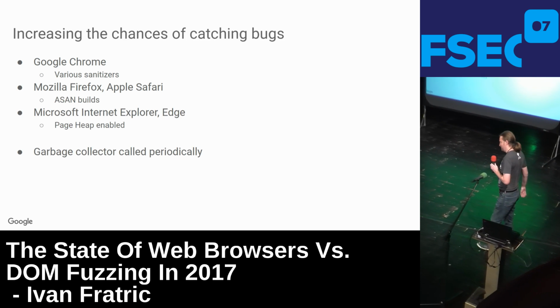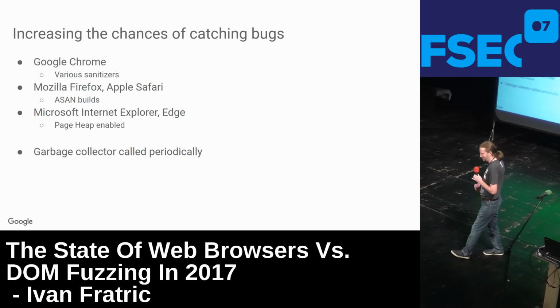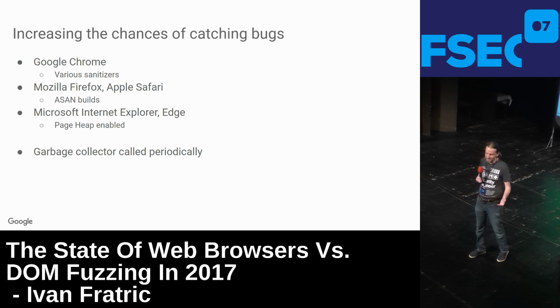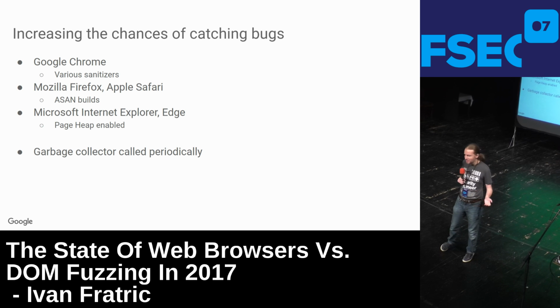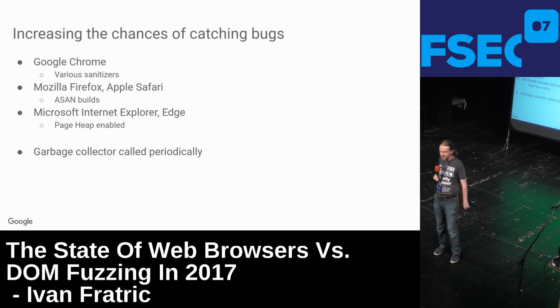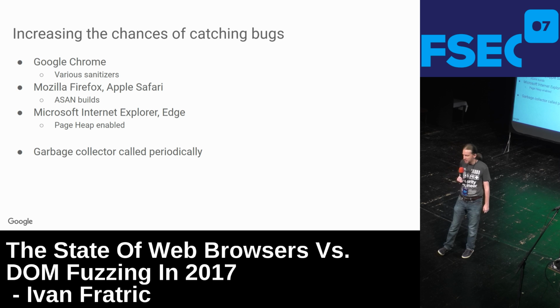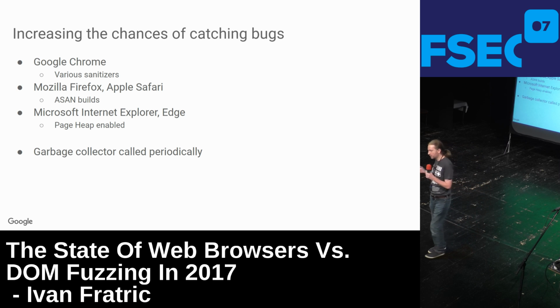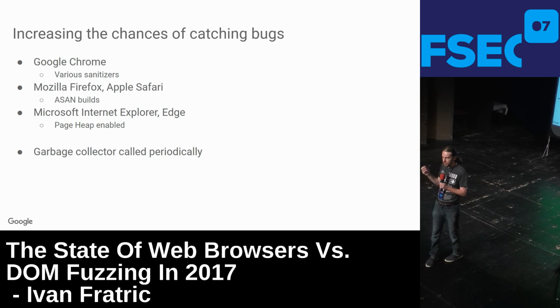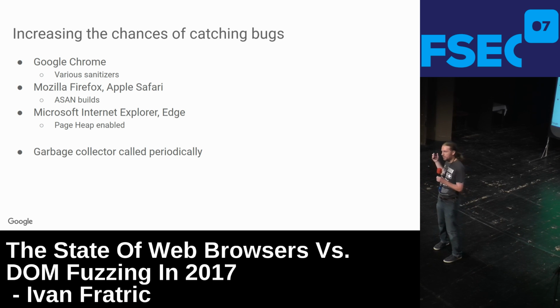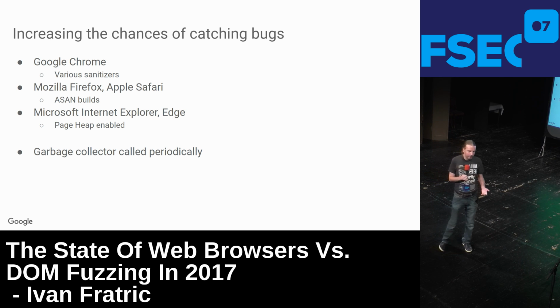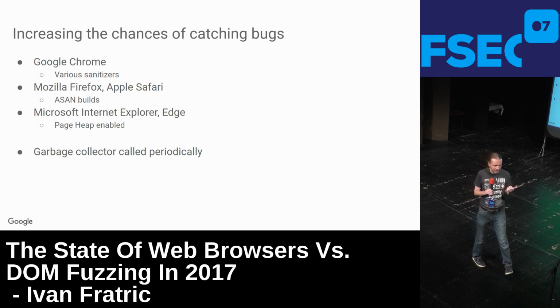Right. So in addition to that, we made some build or configuration changes to those fuzzers to be able to catch bugs more easily. And in the case of browsers where we could make our own builds, that basically meant building with sanitizer. So Firefox and WebKit were built using ASan and sanitizer, and Chrome on Cluster Fuzz already runs built with various sanitizers.